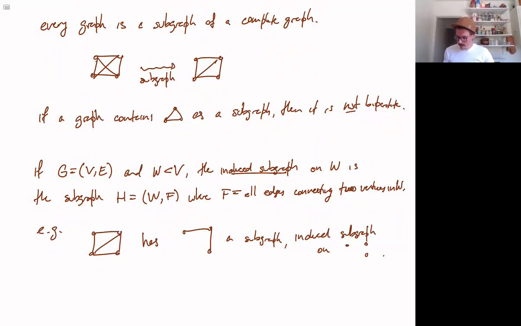On the other hand, something like this is also a subgraph, but it is not an induced subgraph.